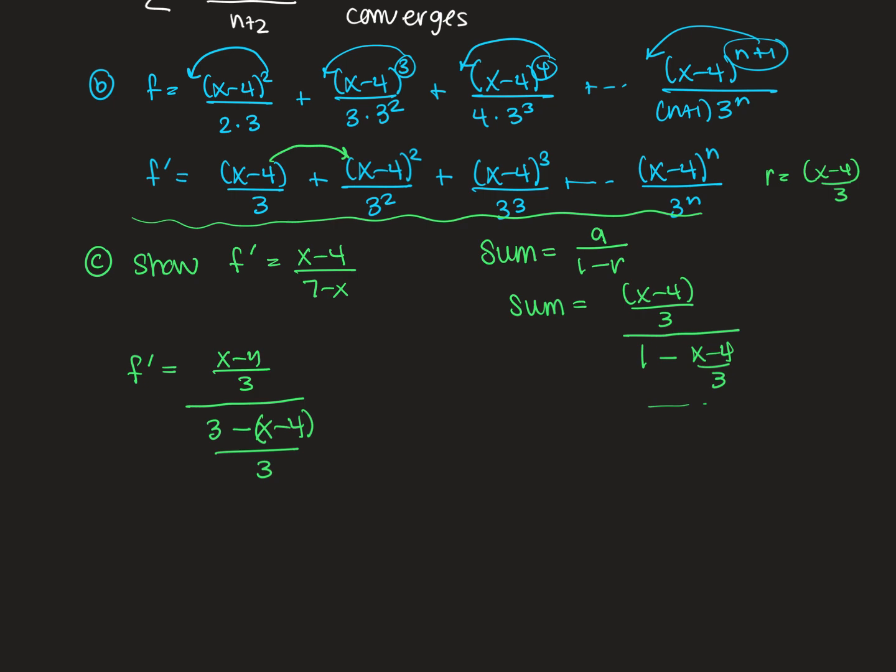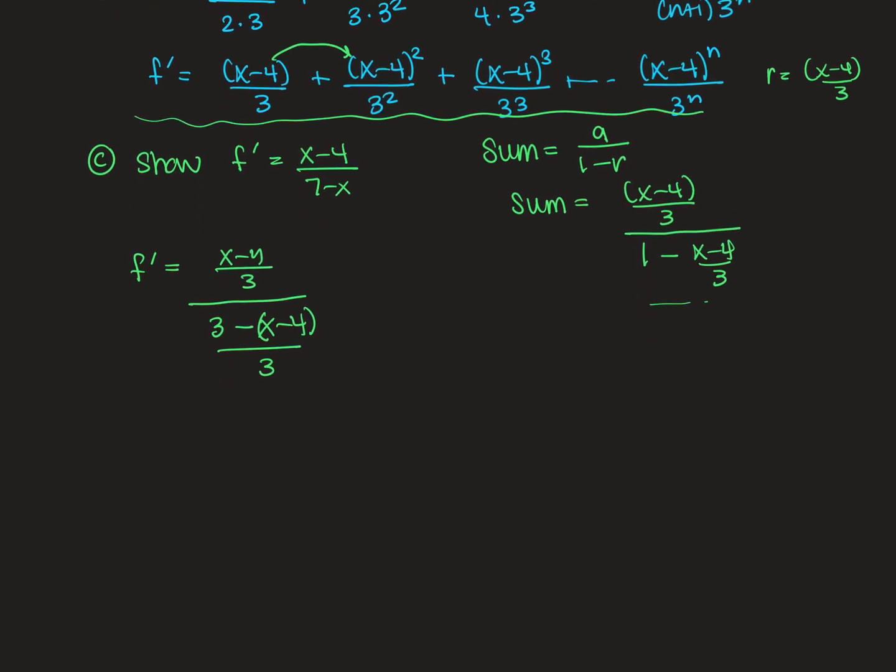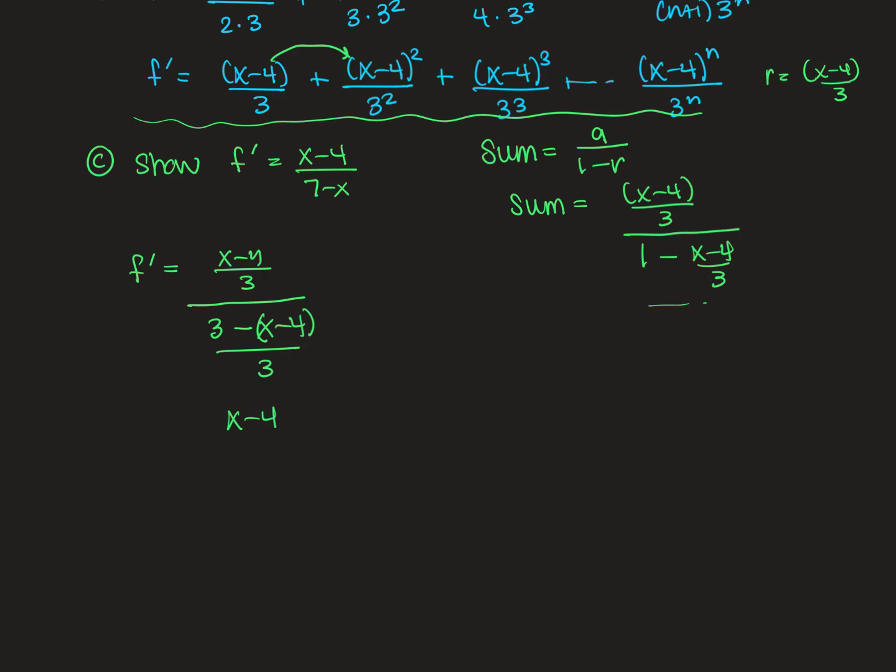Now I'm going to multiply by the reciprocal, so now we would have (x - 4) over 3, flipping that upside down. So now we know our 3's cancel. So on the top we're going to have x - 4, and on the bottom we're going to have 7 - x. So we did show that f prime is equal to that.